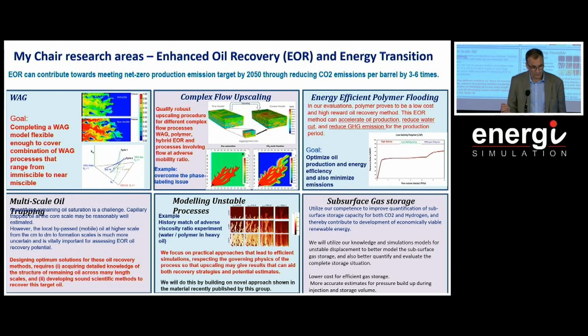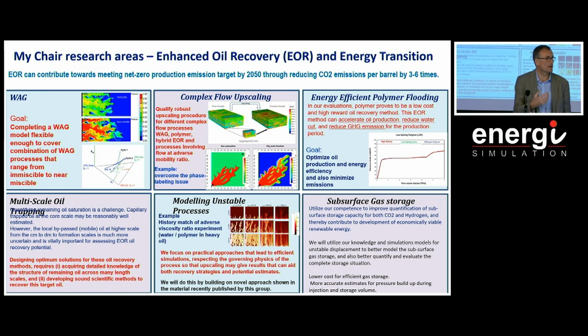We mentioned earlier the need to... Andrew mentioned this. We'll still be recovering oil and gas for some time to come. How do we minimize the CO2 footprint associated with that? Now, a barrel of oil produced at a 99% water cut, as is happening in some fields in the North Sea, has a much higher CO2 footprint than a barrel of oil being produced at 30% water cut, for example, because of all the extra water handling that has to take place. So I'd say enhanced oil recovery methods will be used, I think, increasingly as the opportunity for new licenses is restricted.